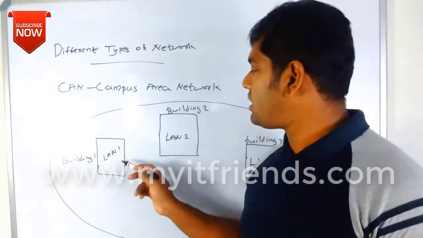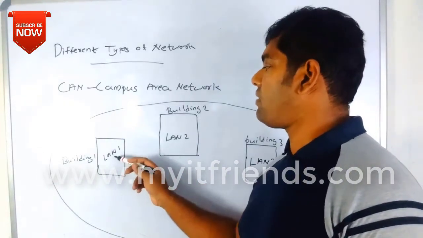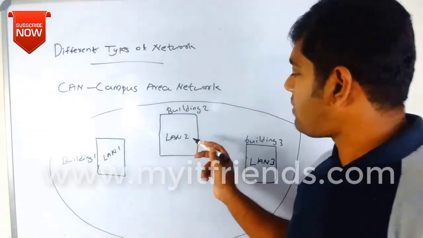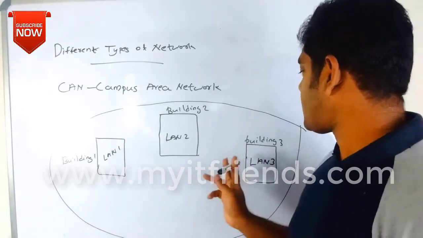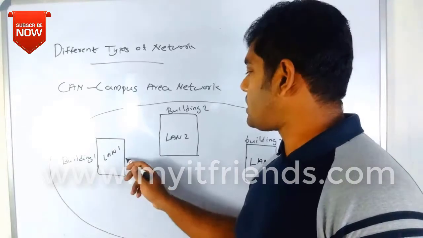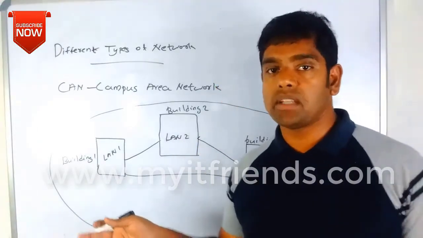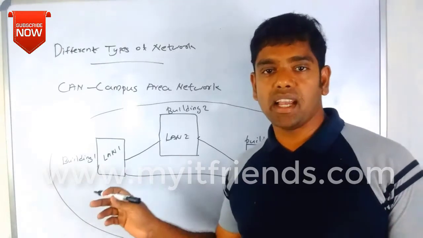Each building has a LAN or LANs. Building 1 has LAN 1, and building 2 has LAN 2, LAN 3, etc. These are different buildings. We need to connect these LANs together to create a network. So the connection between different LANs in a campus is known as a campus area network.